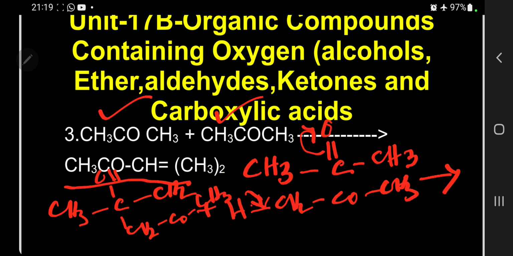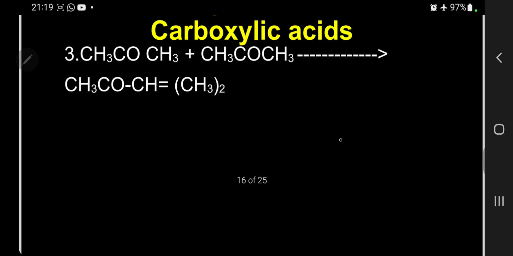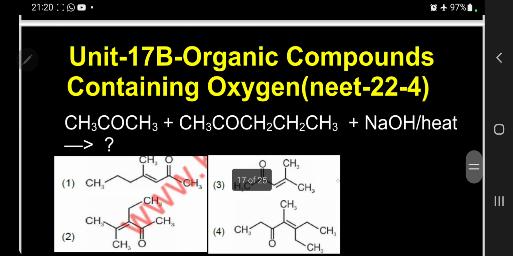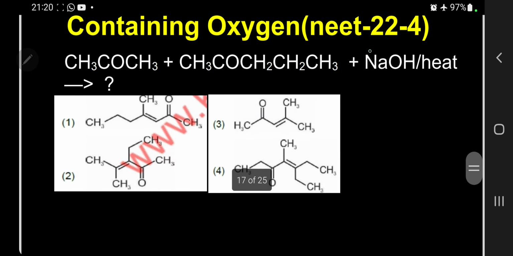Kindly follow. This is aldol condensation. This is the enolic form of the ketone undergoing condensation. And automatically from here, this OH and this H will undergo elimination, producing this compound. So this is the third one. So the fourth one, it is not possible. So the answer is, this is not possible.